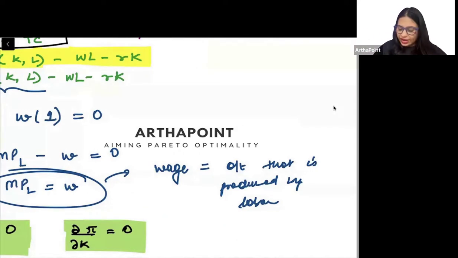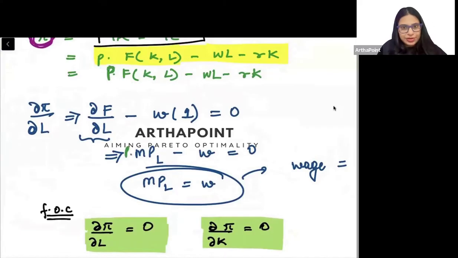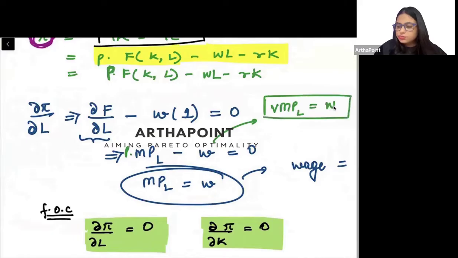Actually, here we have taken P as 1. But if this P had existed as a constant, it would have been P into MPL, so this would have become the value of marginal product of labor equal to the wage rate.